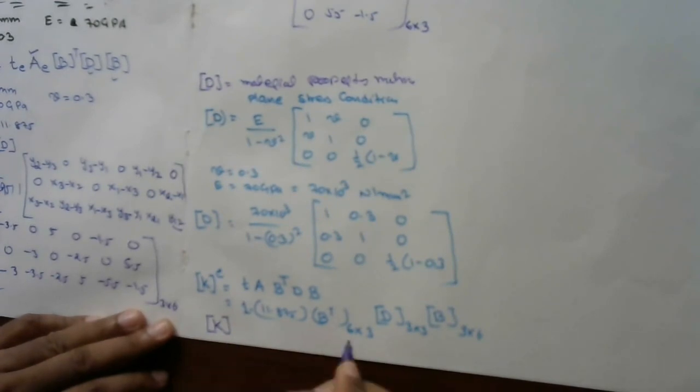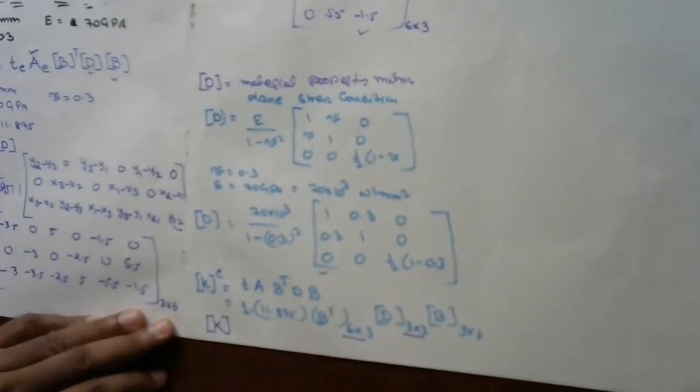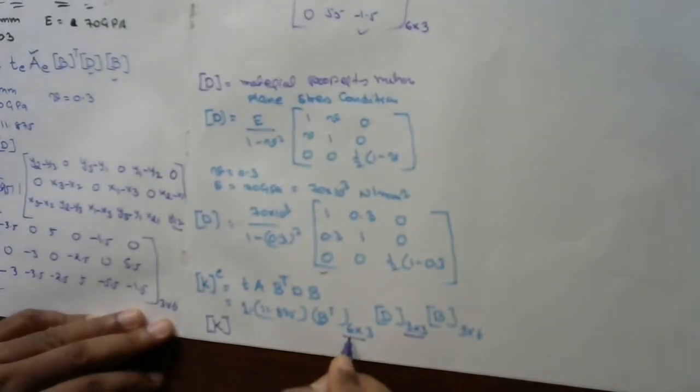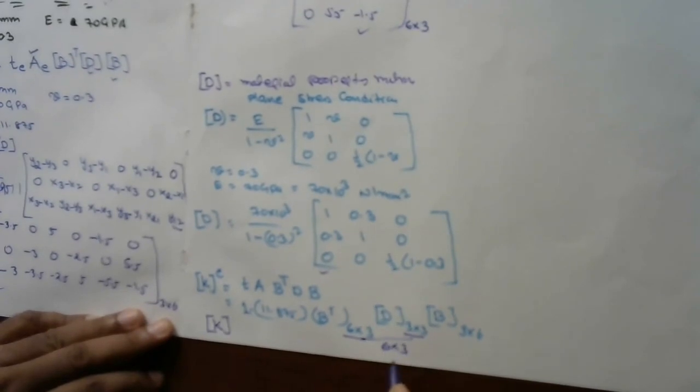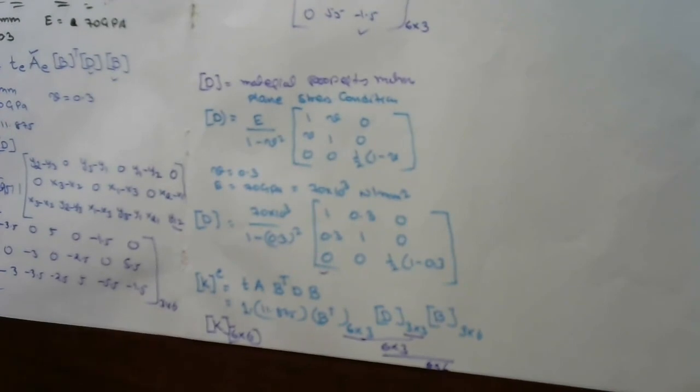It would be 6 by 3 into 3 by 3, so multiplying these two matrices, rows into columns, you get a 6 by 3 matrix. Again 6 by 3 into 3 by 6 gives a 6 by 6. So the stiffness matrix order would be 6 by 6. This is the value of the stiffness matrix for the given CST element.